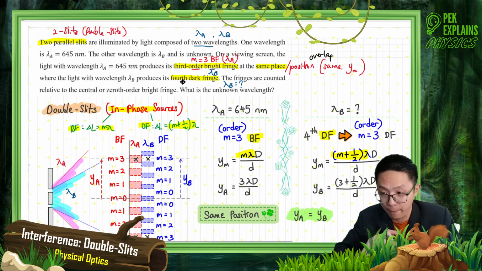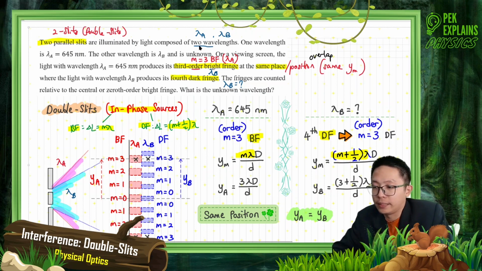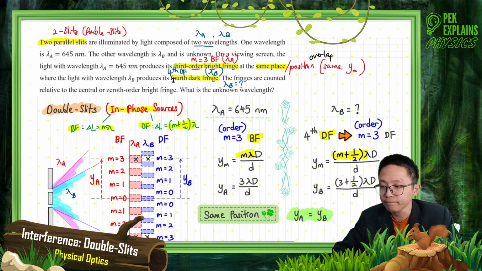It's not the m, it's just the number. The fourth dark fringe is not the value of m yet. You need to find the value of m.